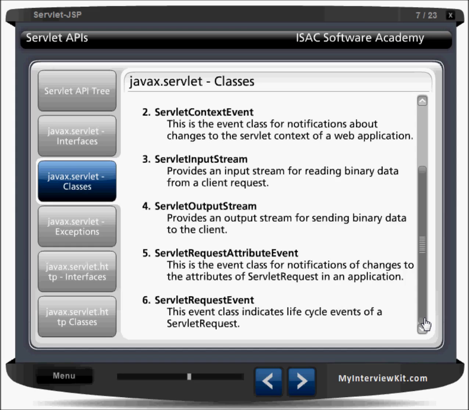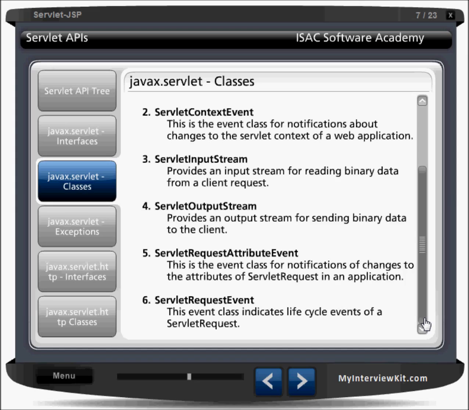So whenever any input comes, this will take care of it. It is just a byte stream for handling bytes. With ServletOutputStream, if you want to write some data to the client, you use it. And to handle Unicode characters or character streams, we have PrintWriter for that.